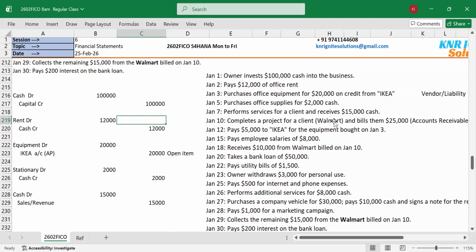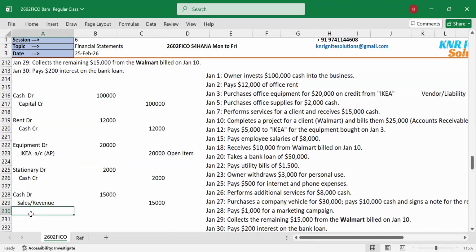It is not specifying as a cash. Okay. So wherever there is a client name comes in, vendor name or a customer name comes in, treat that as credit transaction. Okay. Which means they are going to pay later or we are going to pay later. So in this case, they mentioned Walmart very particularly, but there is nothing about the cash and saying it's a bills. They are just raising a bill today.